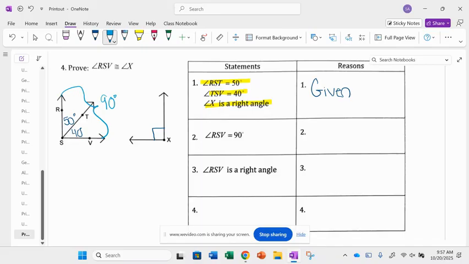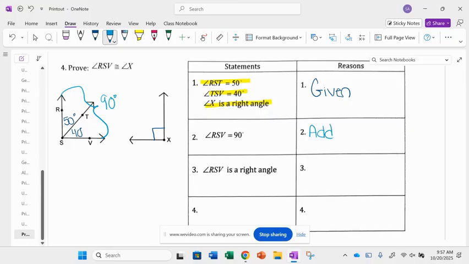It didn't say that it was 90 anywhere in the proof. So how do you think we're justifying? How did we get 90 for angle RSV is 90? Good, we added. You're never specifically addressing the diagram, so all you have to write is addition. We added.